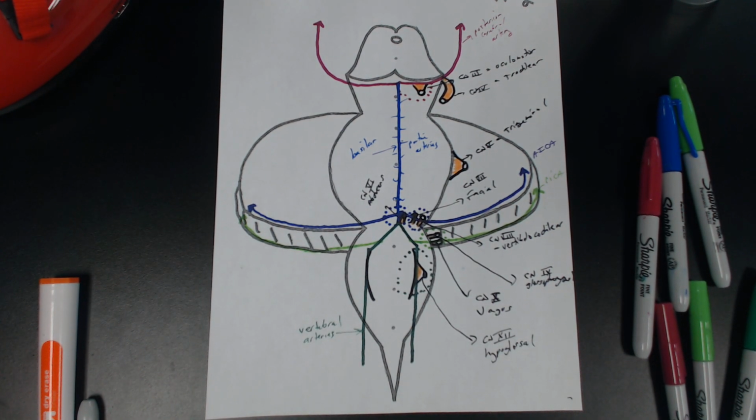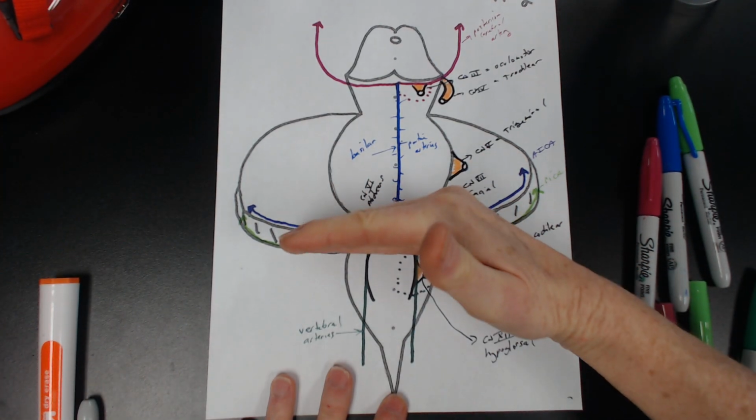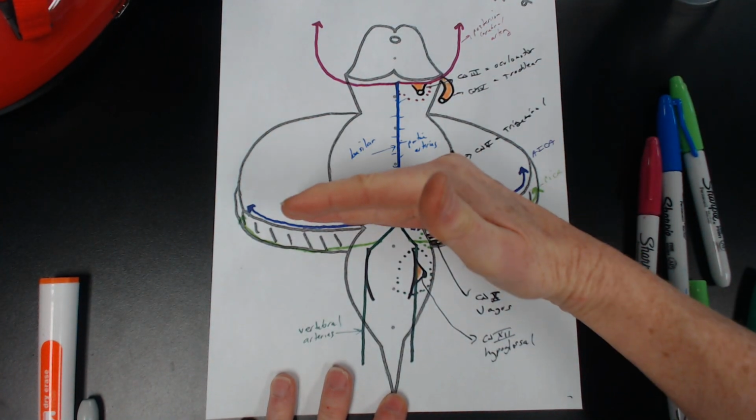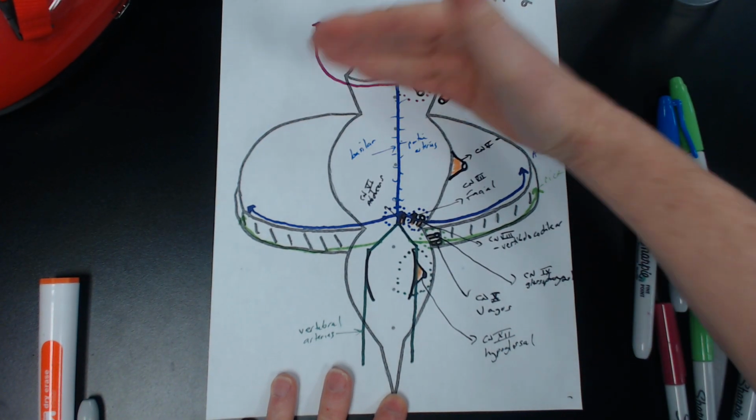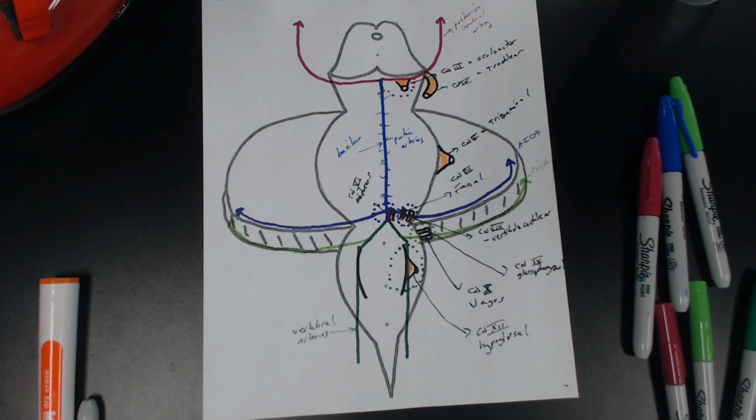Now all we're going to do is we're going to look at the cross sections that we looked at when we looked at the brainstem a couple weeks ago. Okay, specifically we're going to be looking here, we're going to be looking here, and we're going to be looking up here. Okay, 3 different cross sections, same as we've seen before. We're going to go through and just start labeling stuff.